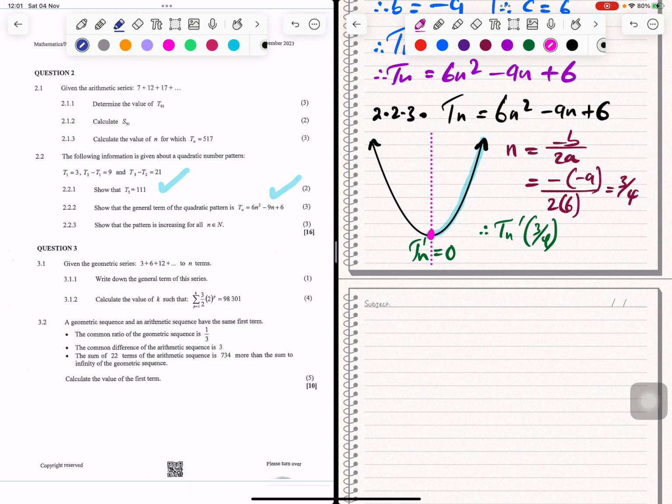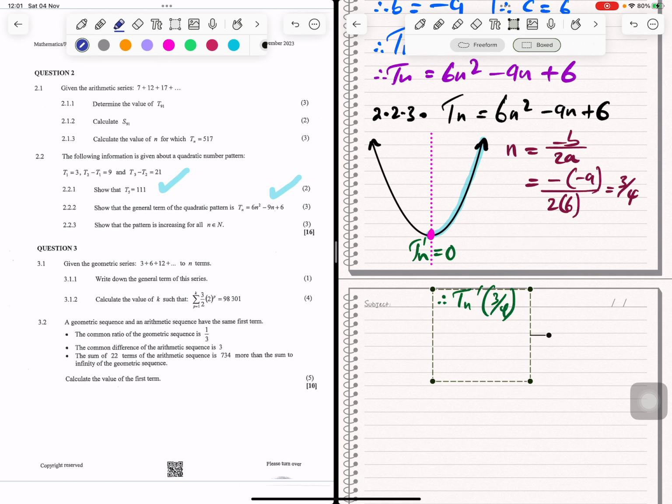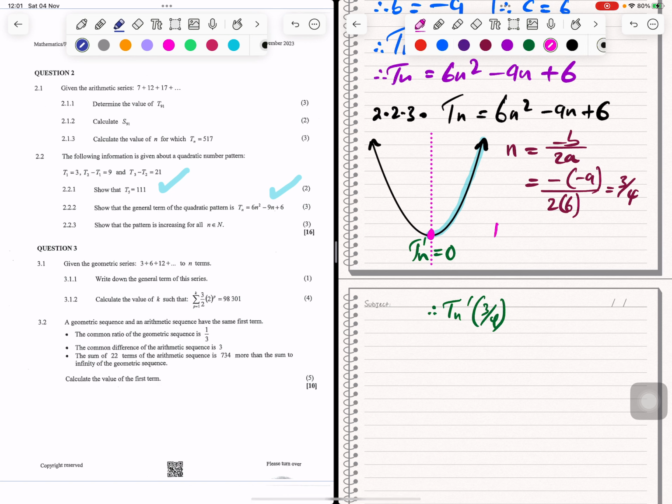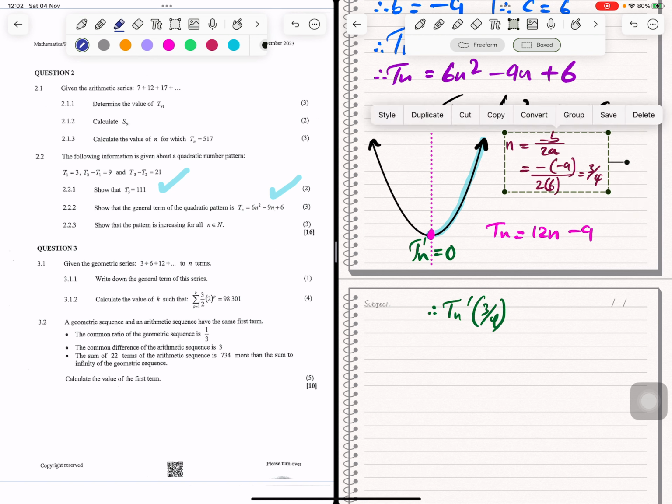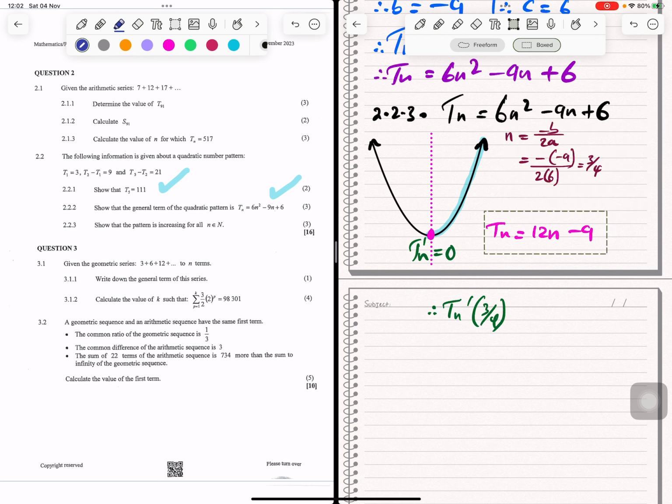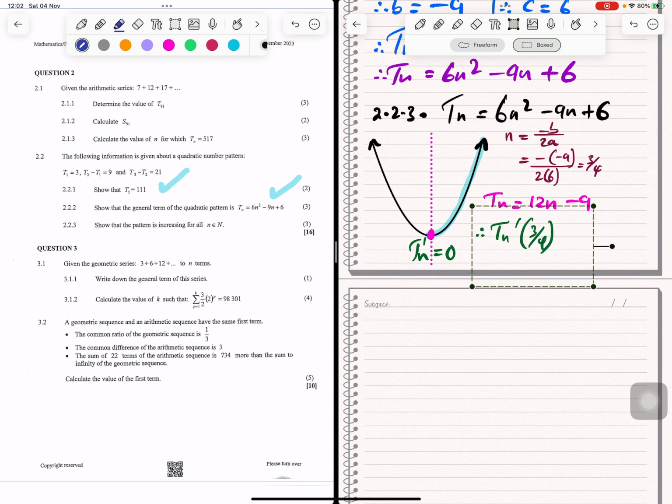Let me first find the derivative before anything else. Let me create space for this one. Look, the derivative, which is Tn of this, is going to be 12n minus 9. Also allow me to squeeze this part to that side, so that I can have more room to work on one page.